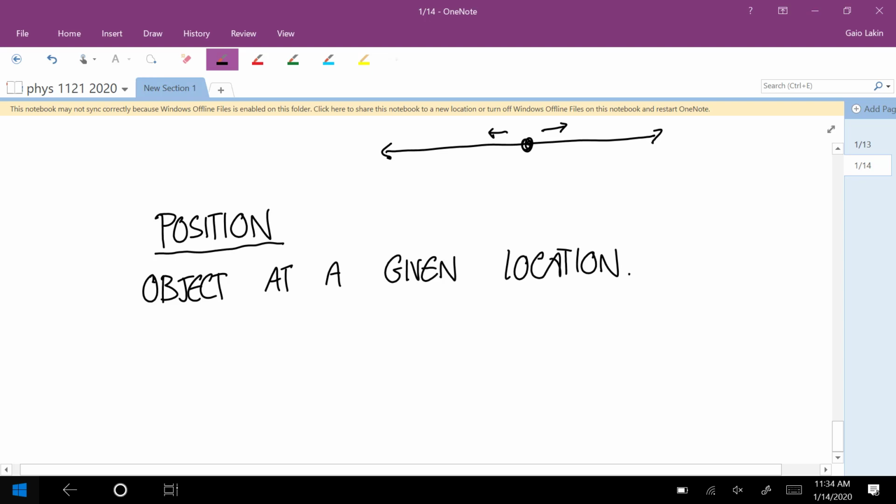Like, have you seen my chicken? Yeah, it's over by the store. That's a location, a physical place in the physical world. What does it take to describe that location numerically?